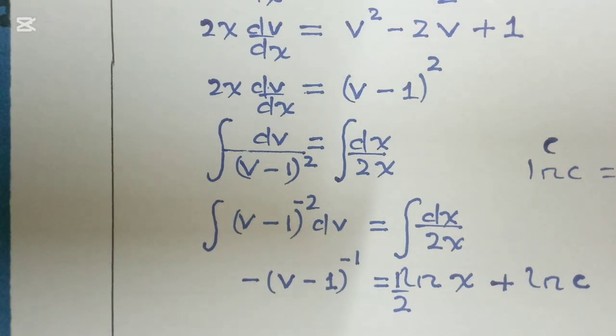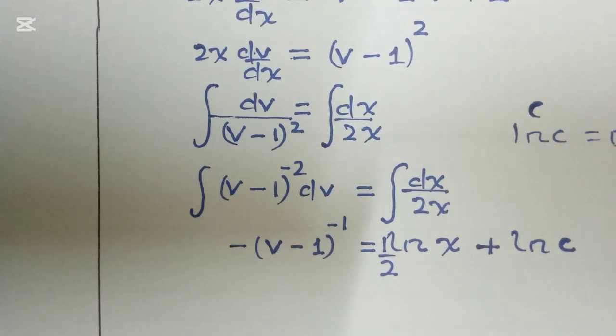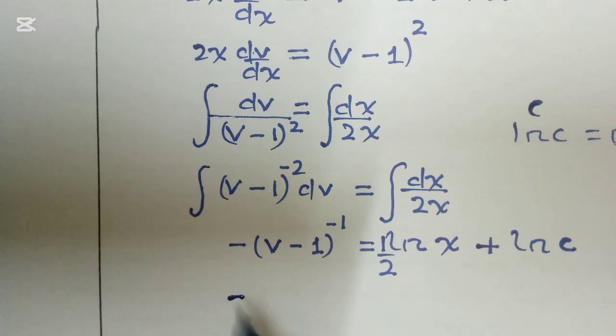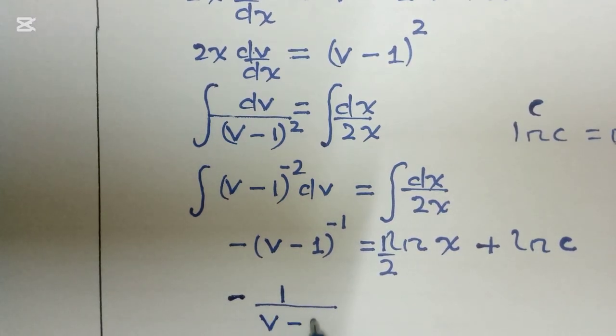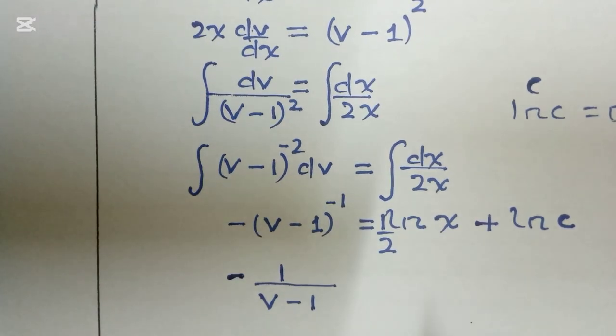So guys, we are now going to have something like this. We're going to have minus 1 all over v minus 1. Now with that is now raised to 1.